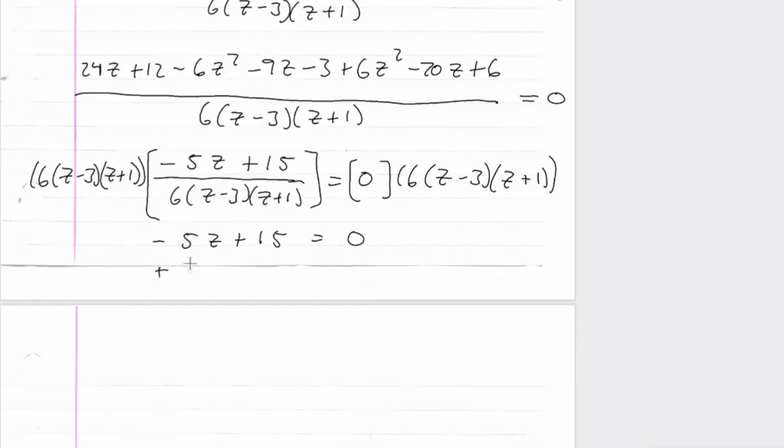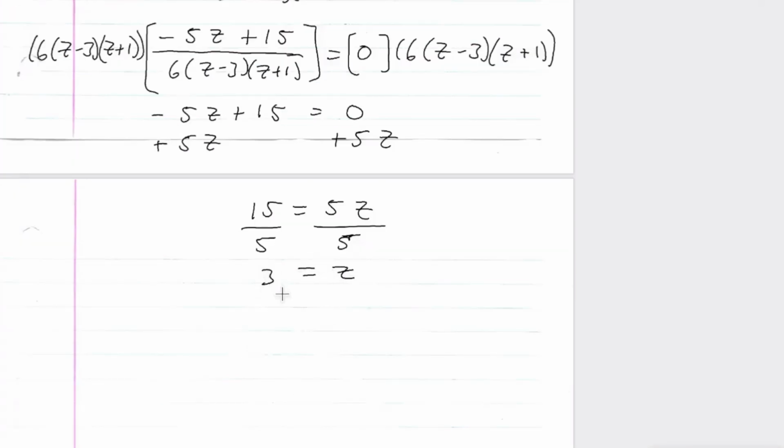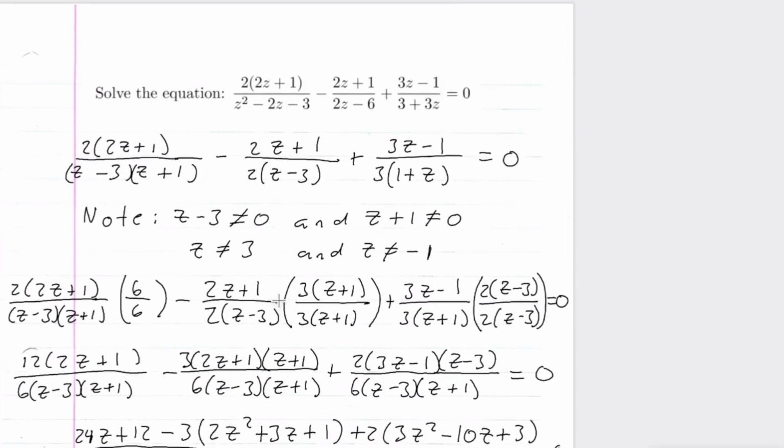I add 5z to both sides to get 15 is equal to 5z. Divide both sides by 5 to get 3 is equal to z. But remember earlier we established that z cannot be 3 because if z is 3 here, then we're dividing by 0.